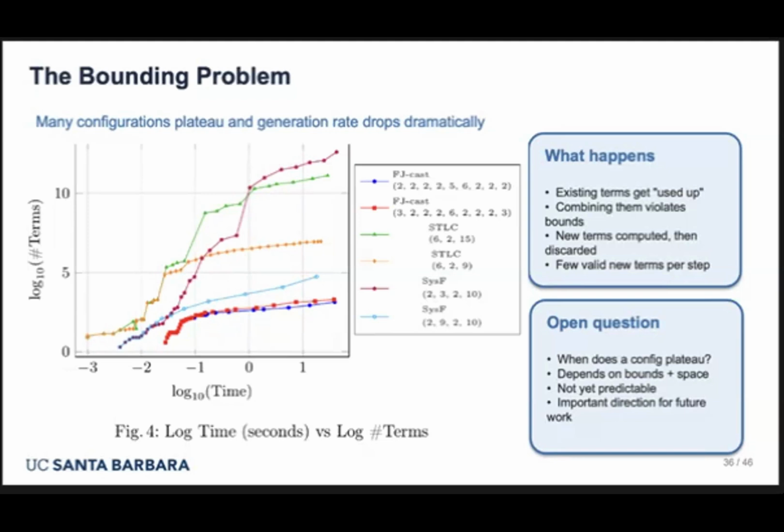And so it seems to us that as generation proceeds, we run into this issue where we're trying to combine terms into new terms, but after we do that computation, we find that they violate bounds, and then we end up having to throw them away, so we're doing a lot of computation that doesn't result in actual new terms being generated.